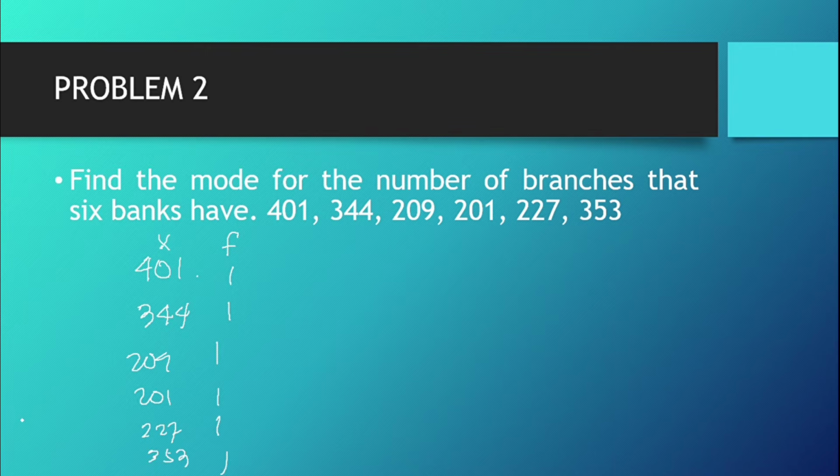So if we look at the 6 banks, they have the same frequency, so therefore we could say that there is no mode. No mode for the number of branches that 6 banks have, since the same frequency.